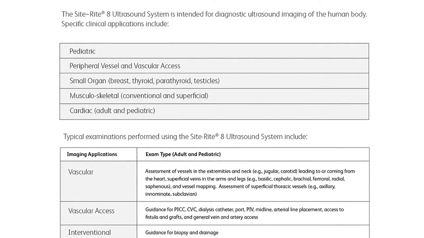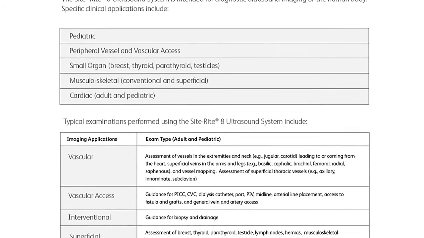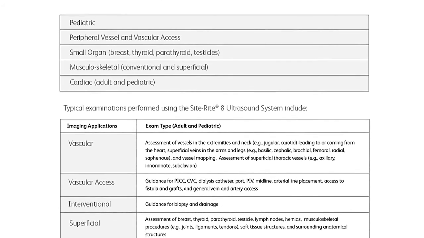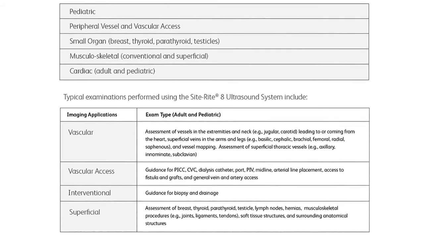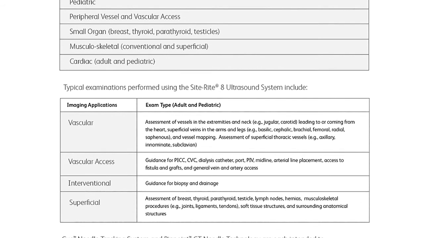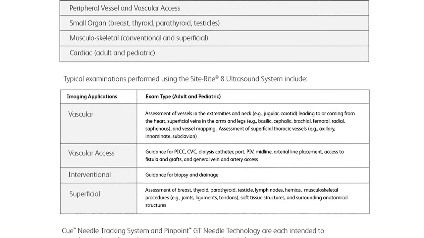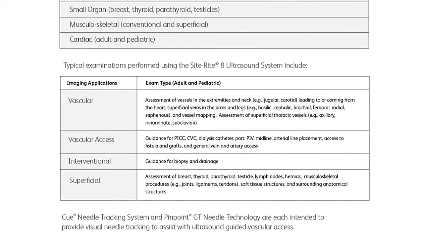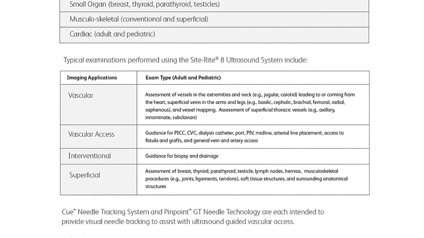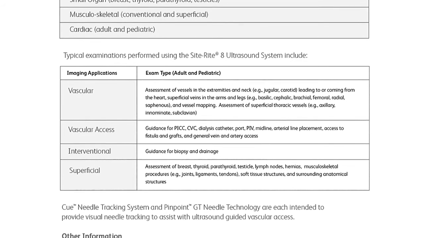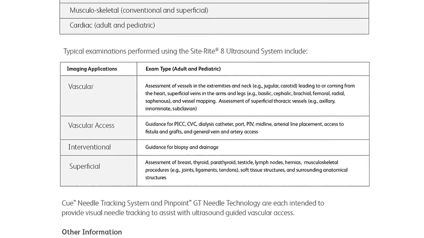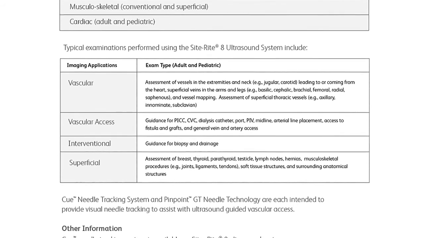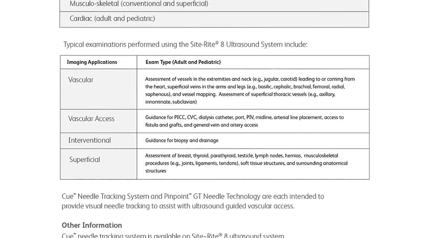Typical examinations performed using the SiteRite 8 ultrasound system include vascular, assessment of vessels in the extremities and neck, for example, jugular, carotid, leading to or coming from the heart, superficial veins in the arms and legs, for example, basilic, cephalic, brachial, femoral, radial, saphenous, and vessel mapping. Assessment of superficial thoracic vessels, for example, axillary, innominate, subclavian.